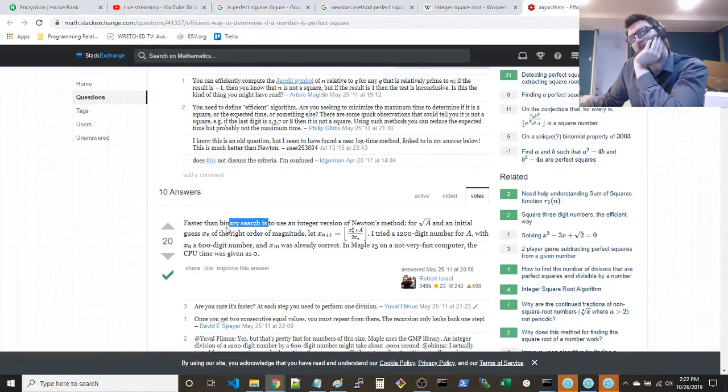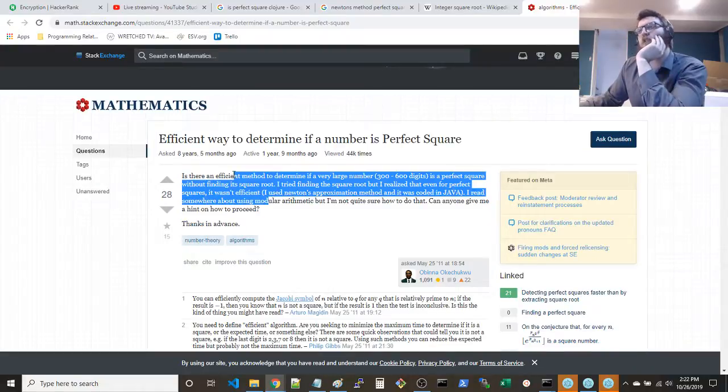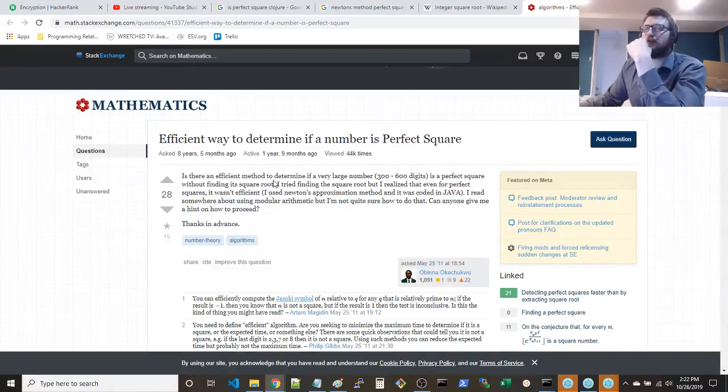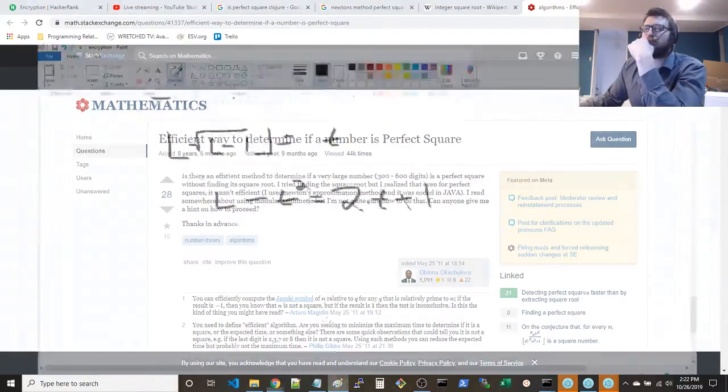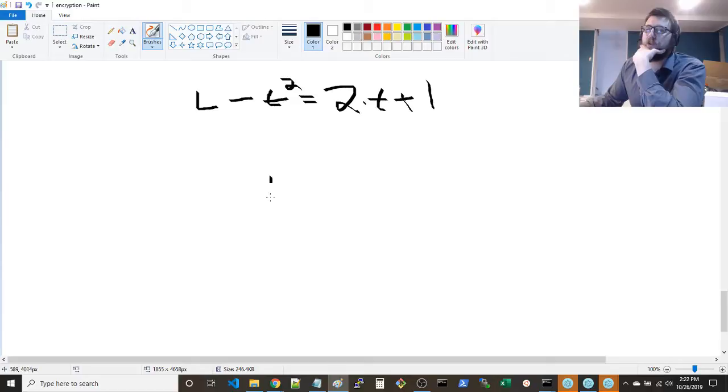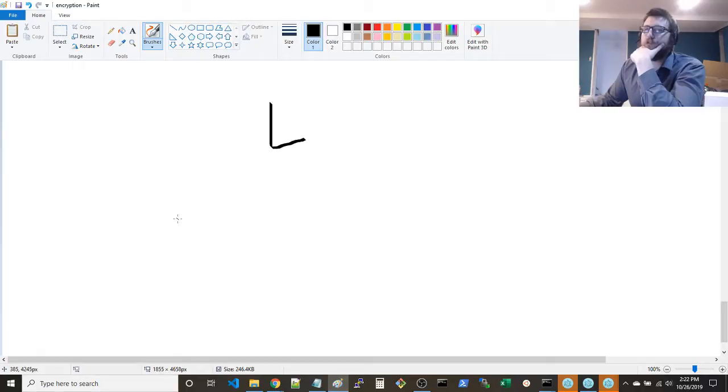Faster than binary search. How would you use binary search to determine whether or not it's a square root? Oh, I think I understand. You basically would say, so you have some L, I guess what you do is you just keep squaring your value until you're larger than L. No, how would you do this? So you start with I equals 1.